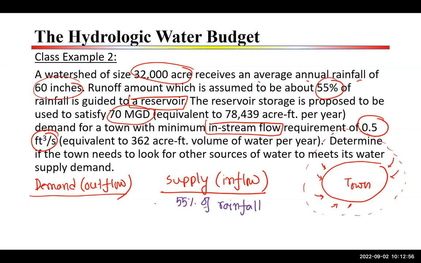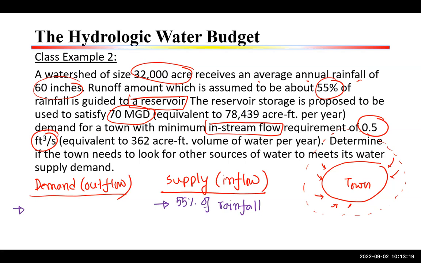Okay, now we need to think about what are the demands that the city needs to meet water-wise. The first one is the reservoir storage is proposed to be used to satisfy 60 million gallons per day. That means the city requirement is 60 million gallons per day, right?